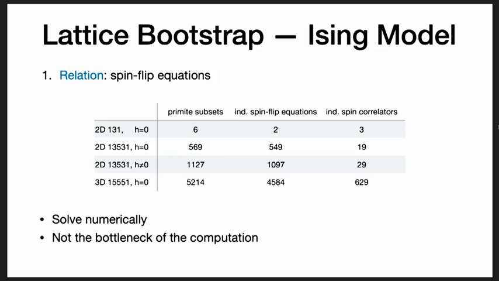But after solving the spin-flip linear equations, only 3 out of the 5 variables were independent. It gets big once you increase the region in which you flip signs. In the next one, there were 500-ish naive variables, but after considering all the spin-flip equations, many of them independent, they get reduced to only 19 independent variables. In 3D, the numbers are a little bigger: 5,000-ish get reduced to 600-ish variables, just to get an idea of how big the problems are becoming.